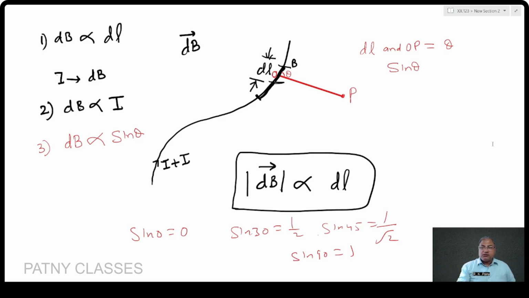The smallest value of magnetic induction is for theta equal to 0 degrees. When theta equals 0, everything is 0. And when theta equals 90 degrees, you will find the maximum value of magnetic induction at the point P. So dB is directly proportional to sine theta.